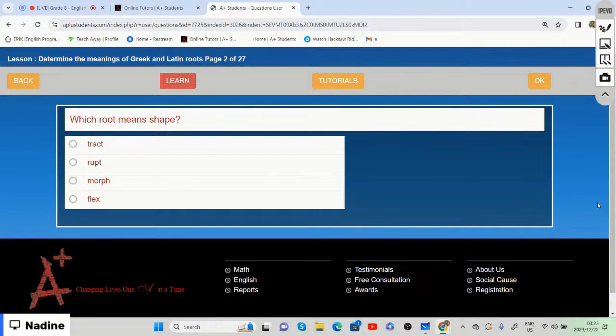Which root means shape? Is it tract? Is it rapt? Is it morph or flex?